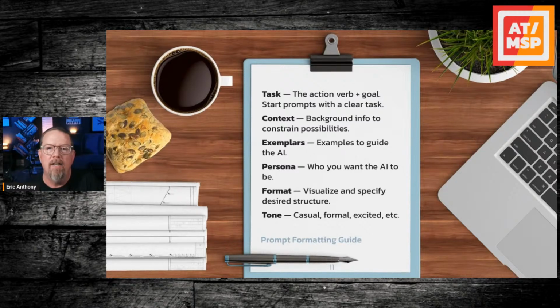You want to give it some basic background information to help it. I think the wording there is constrain the possibilities. Okay. This will lead to a much more accurate and relevant answer when your clients are using AI.